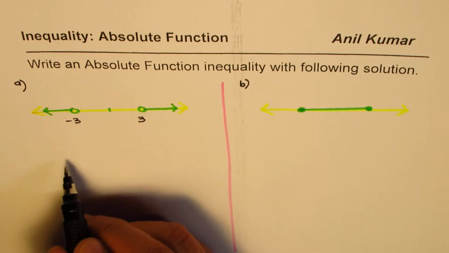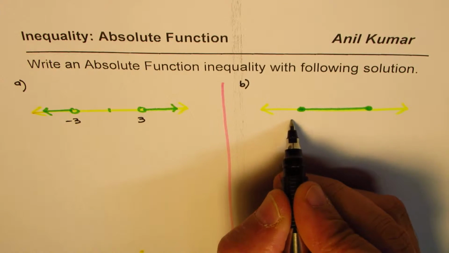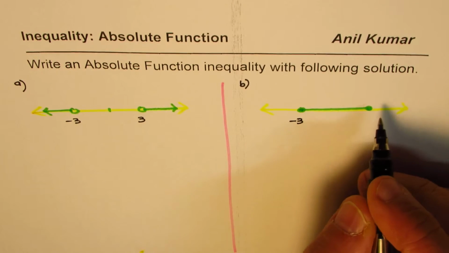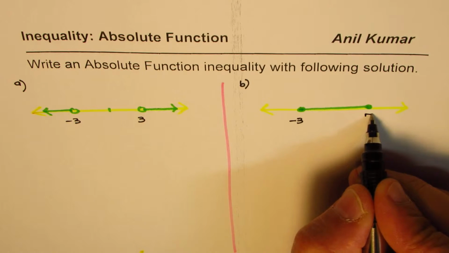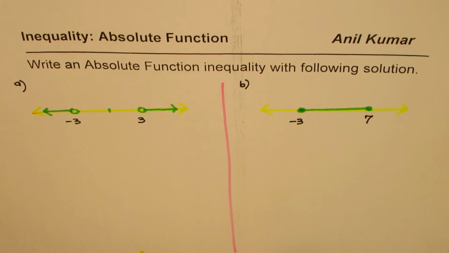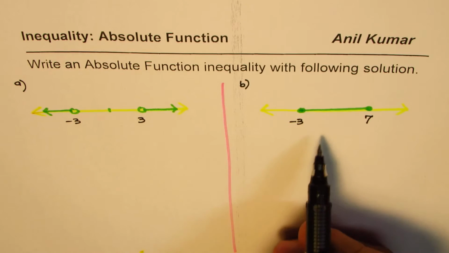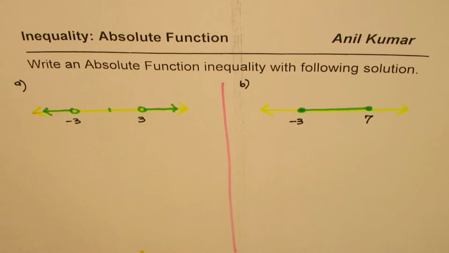I will not keep these numbers the same, as that makes things very simple, but in this case I'll keep minus 3. However, let me write this as 7. And I want within this minus 3 and 7 interval to be the solution of an absolute function inequality which you need to write. You can pause the video, answer the question, and then look into my suggestions.